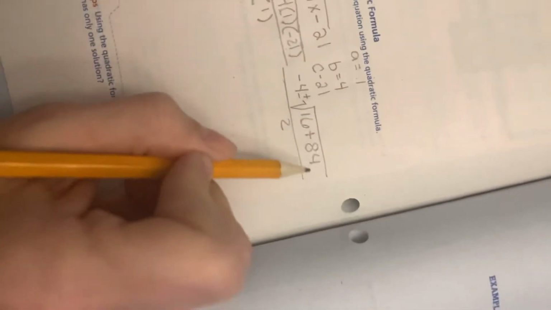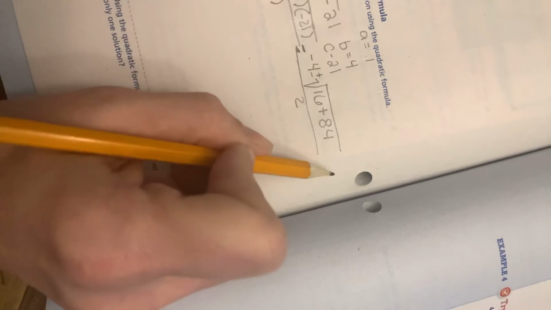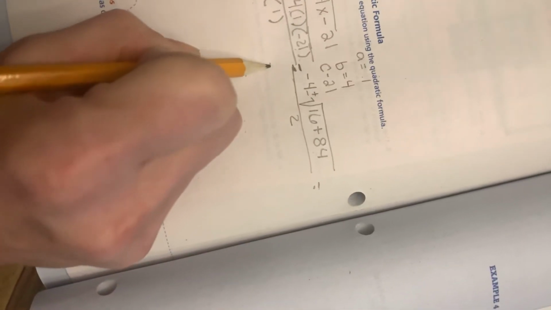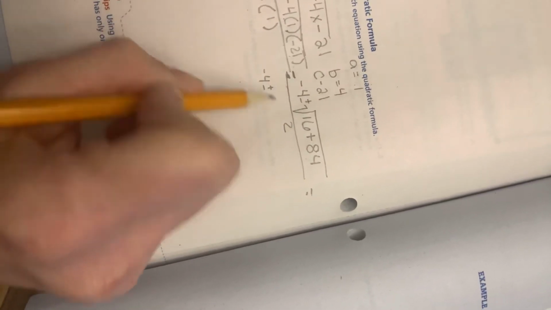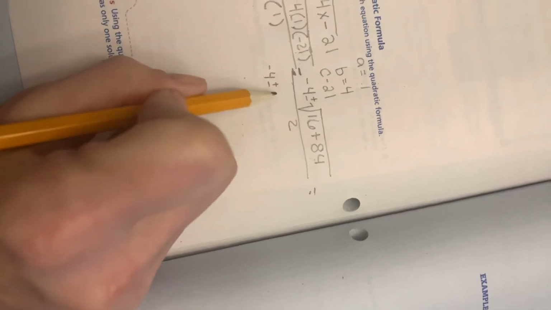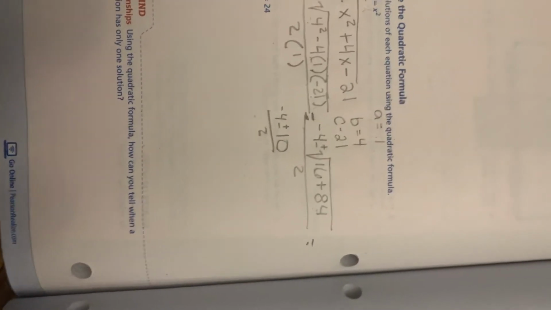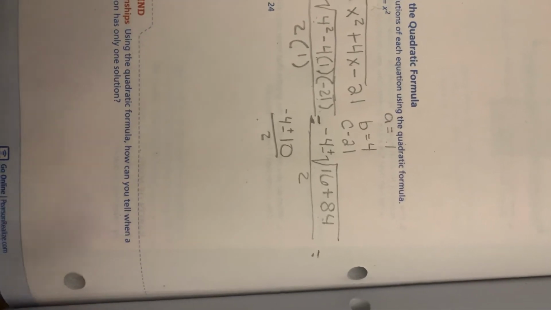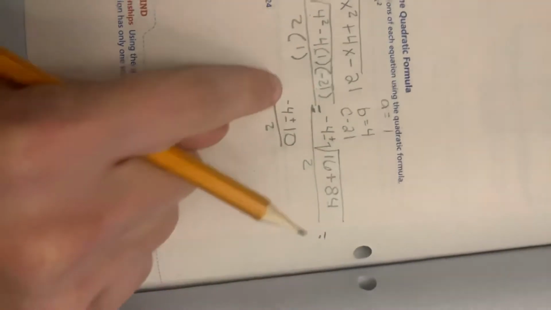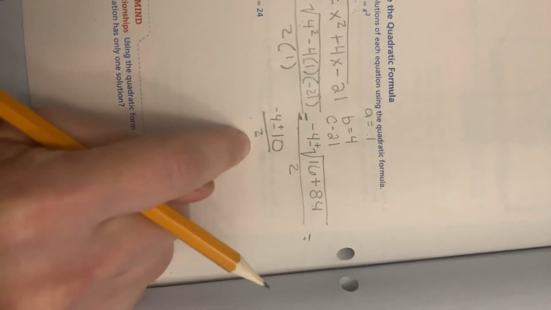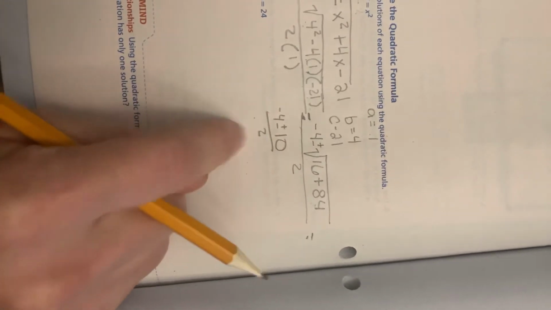Oh, they actually gave us a really nice, easy to solve one here. So negative 4 plus or minus the square root of 100 is 10 over 2. So we've got negative 4 plus 10 over 2 and negative 4 minus 10 over 2.